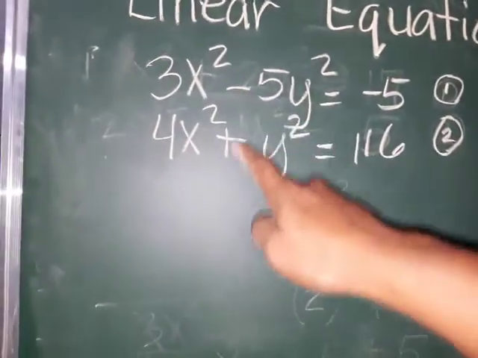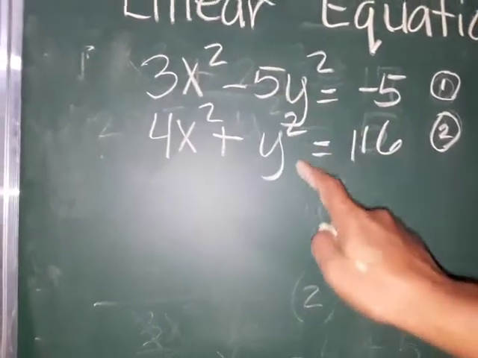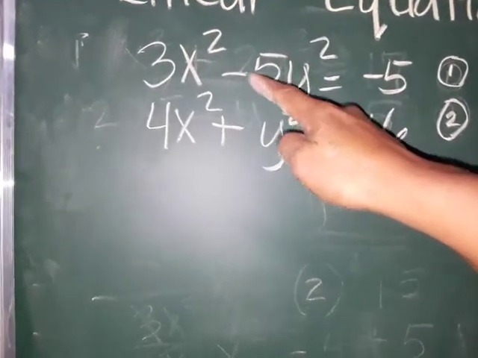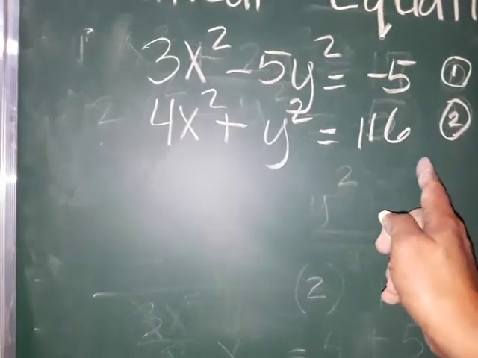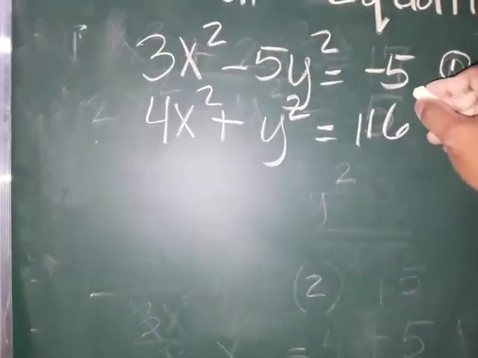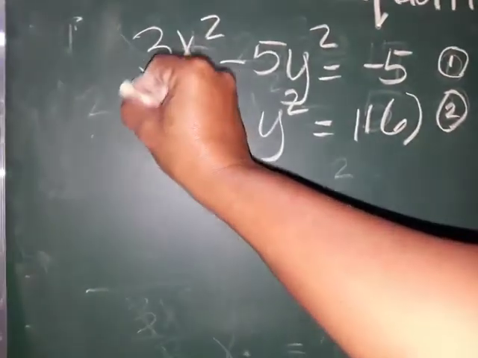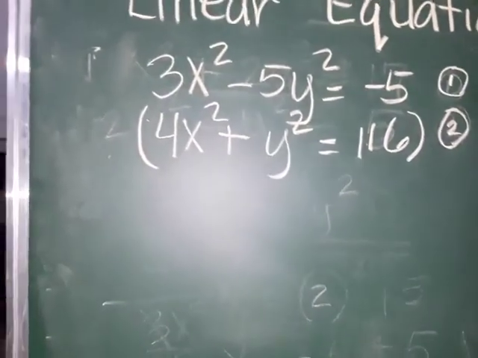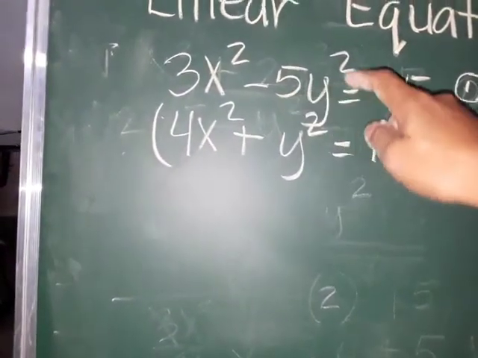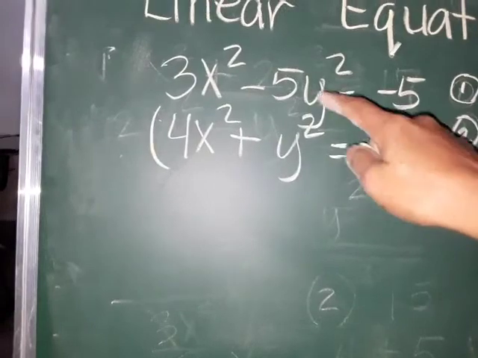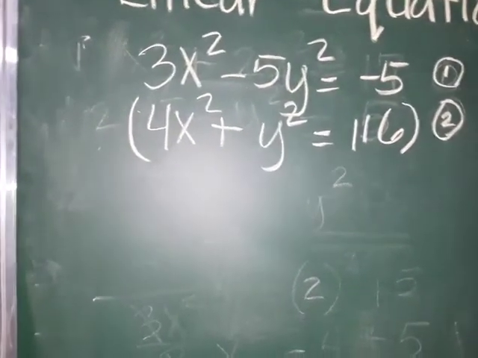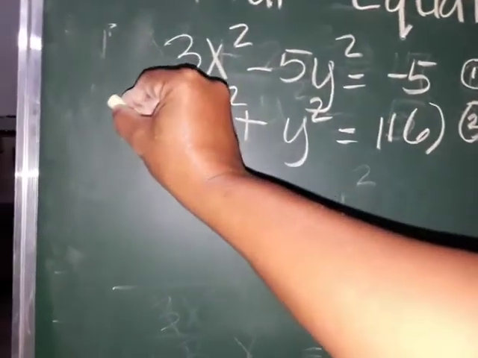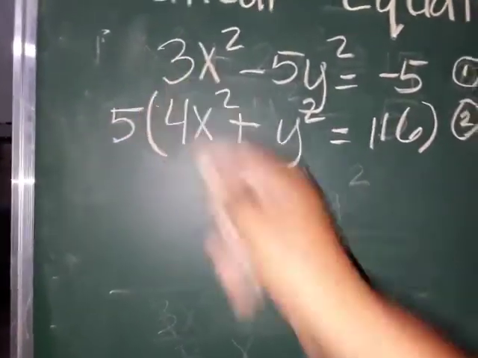So in our y, the whole number 5, plus, minus and plus. So I think we will use equation 2 to multiply 5. Why 5? Because we want to eliminate this, they must have the same number.